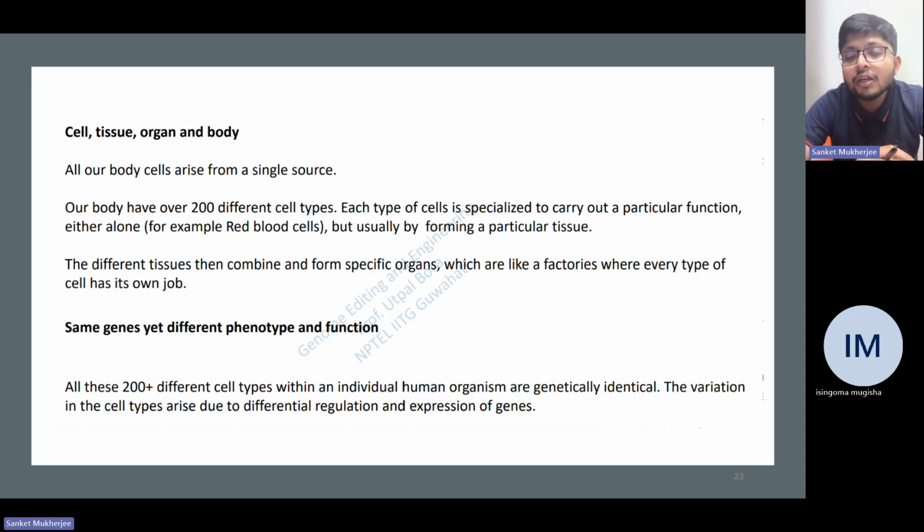This kind of regulation is usually achieved through epigenetics. That is what is widely believed. But anyway, all these 200 different cell types within an individual human organism are genetically identical. The variation in the cell types arises due to differential regulation of the expression of genes.